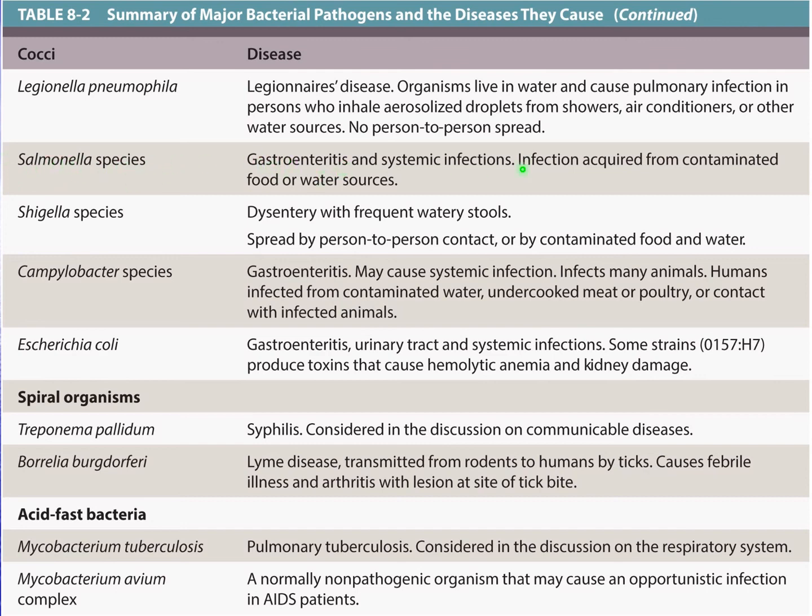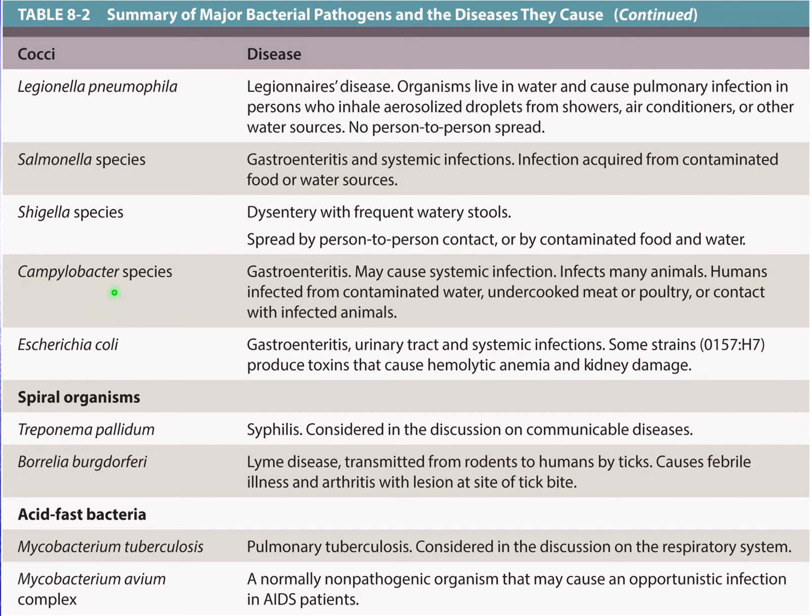Typically, salmonella is acquired from contaminated food or water sources. So we typically say that salmonella is transmitted by a fecal-oral route. Shigella species, same thing as salmonella, usually contracted by contaminated food or water, can however be spread by person-to-person contact.